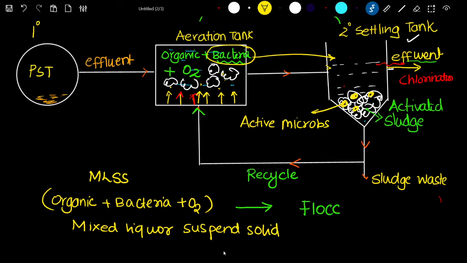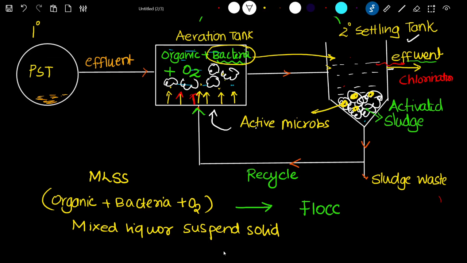Because, as I said, they are active microbes, and they have already been acclimatized to doing this particular job. Once they have started decomposing or degrading a certain kind of waste, they have experience of degrading this kind of waste. If an experienced person does a certain work, it will be completed faster, right? That simple logic is applied here also. These active microbes are already acquainted with this particular kind of waste, so this process will be faster if they are recirculated into the aeration tank.